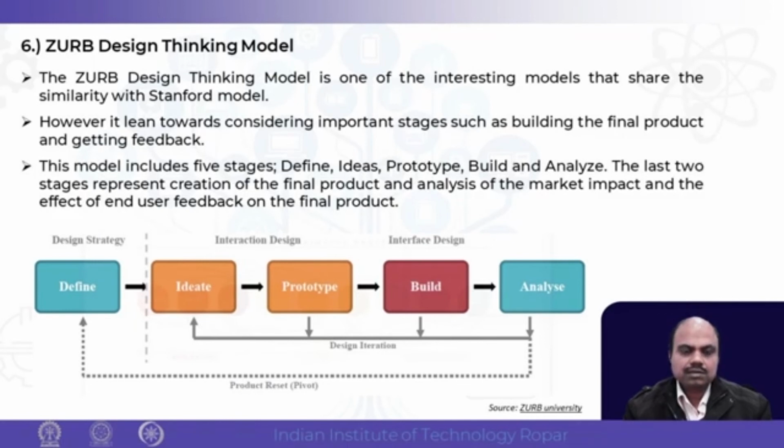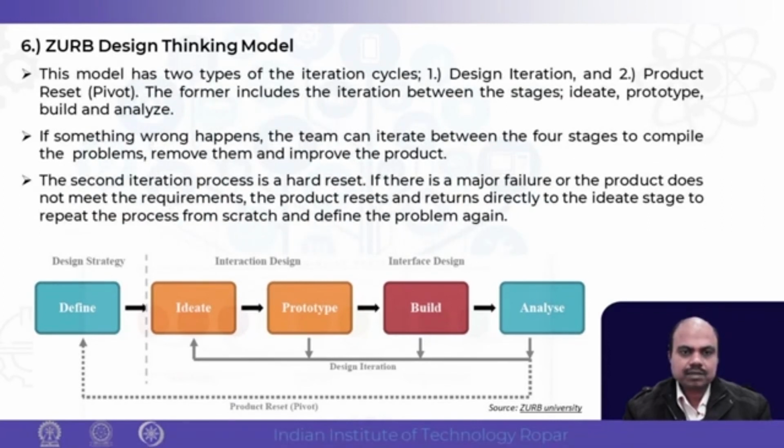In this case, if you see, first is design strategy, that is called defining, then interaction design is the ideate and prototype, then build and analyze. So basically it is an iterative cycle. This model has 2 types of iteration cycle: one is design iteration and the other is product reset, or pivot. The former includes the iteration between the stages ideate, prototype, build, and analyze.